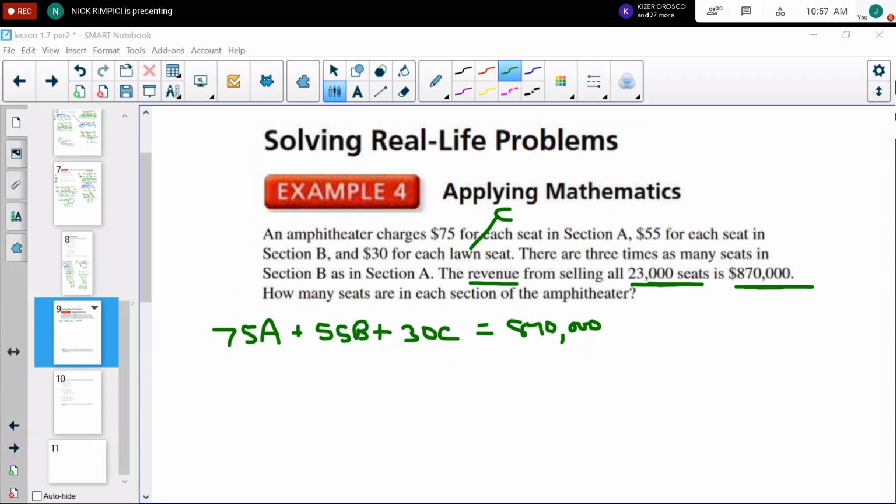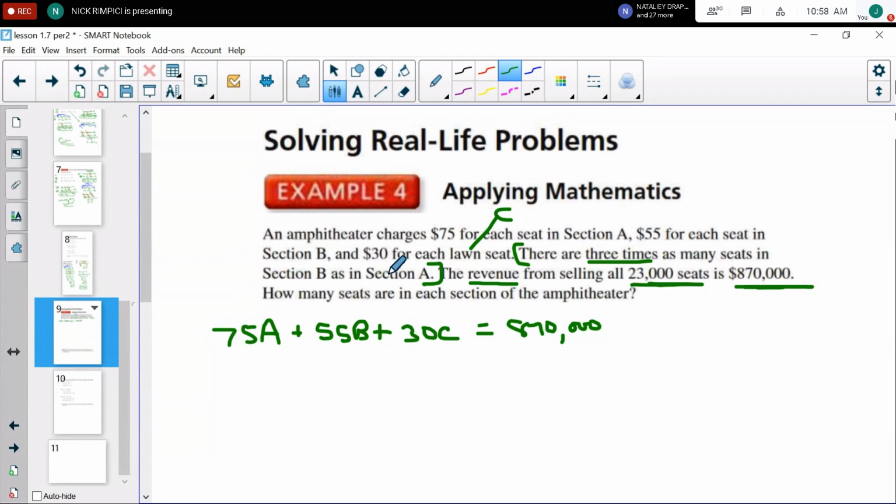The second thing is that second sentence, which seems a little weird: there are three times as many seats in section B as in section A. Question: which section has more seats?